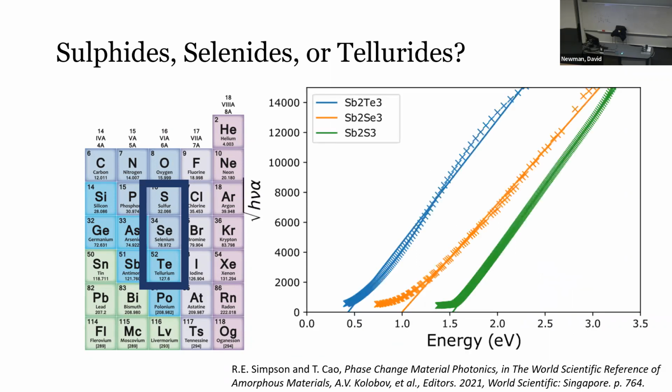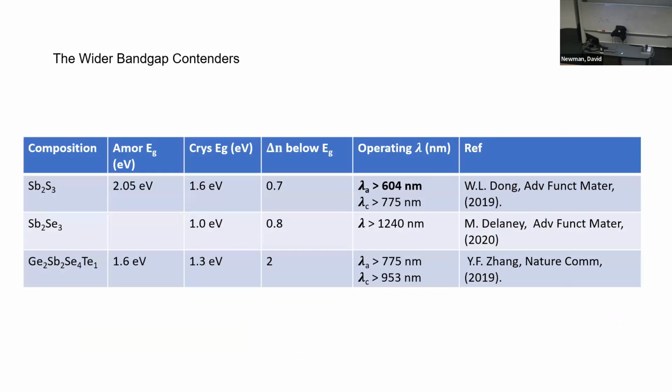This shows the point. If we look at antimony telluride, which is a phase change material, the band gap is around 0.5 eV. But if we go to sulfur, antimony sulfide, the band gap opens up to 1.5 eV. So we can open up the band gap by going up the periodic table. And that's what we did. We took antimony sulfide and tried to see if we could use it to make phase change devices.